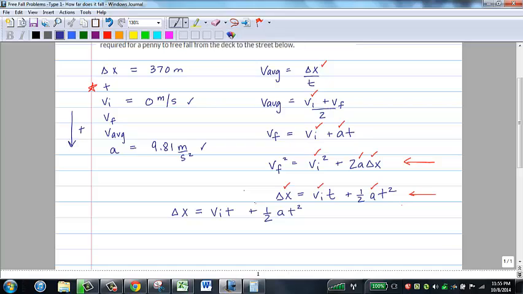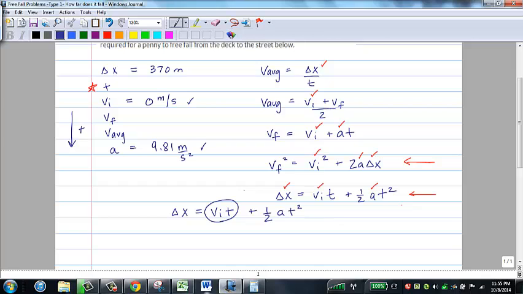But that's not actually going to be required for us because just like in the last problem, this term, VI times t, is actually equal to 0. So it doesn't matter what t is. We don't know what it is, but no matter what it is, when you multiply it by 0, VI times t, the product of those two, will have to be equal to 0.